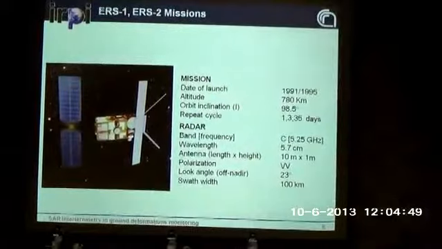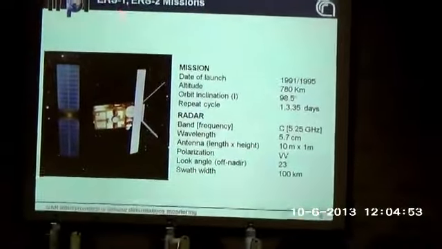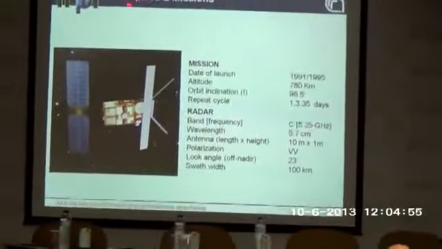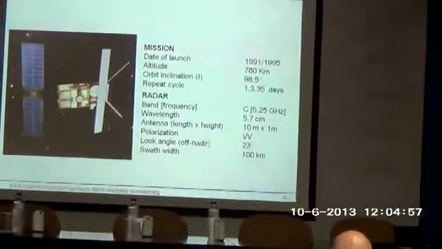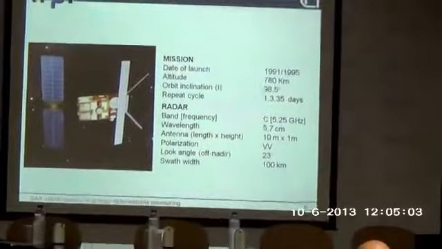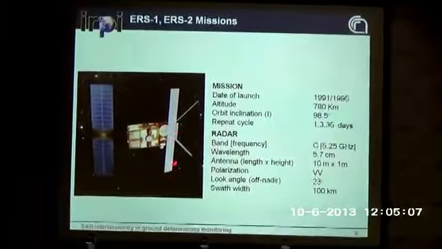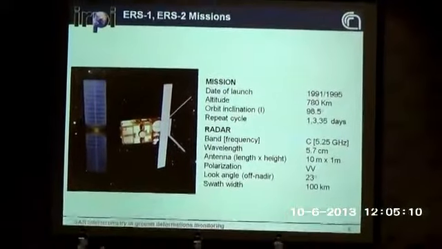This is one of the first satellites employed for radar remote sensing. These are two twin satellites, ERS-1 and ERS-2, launched at the beginning of the 90s by the European Space Agency. This is the antenna that we use to send the radar. This is an artistic sketch.